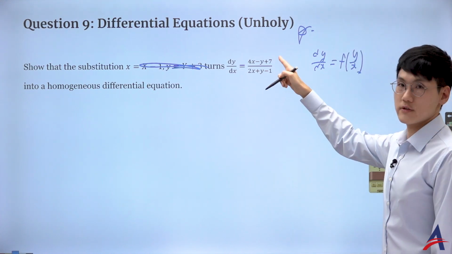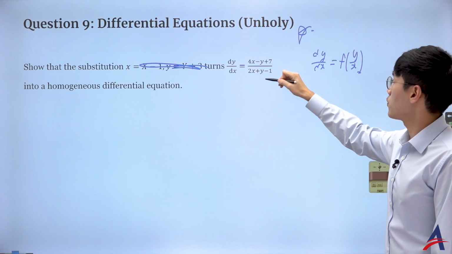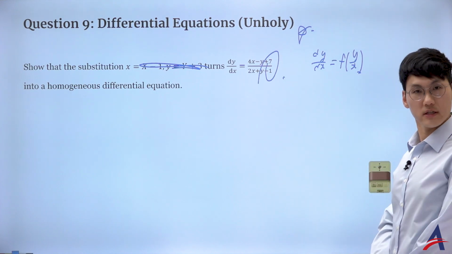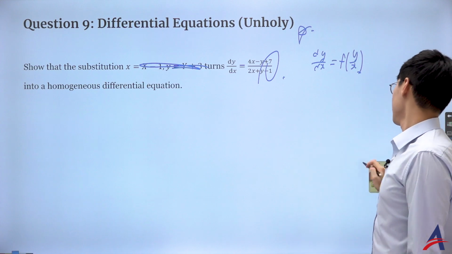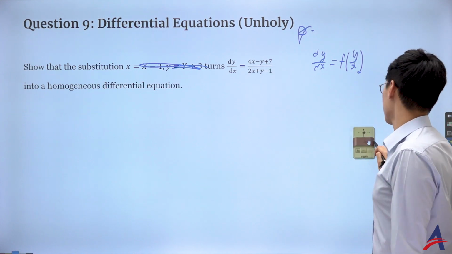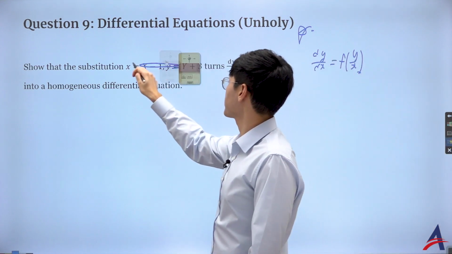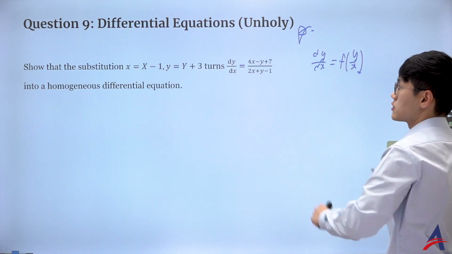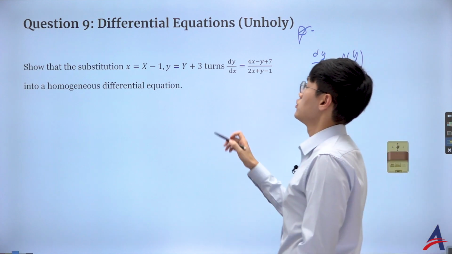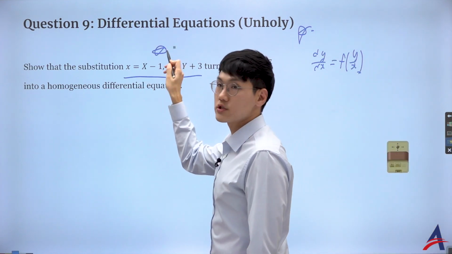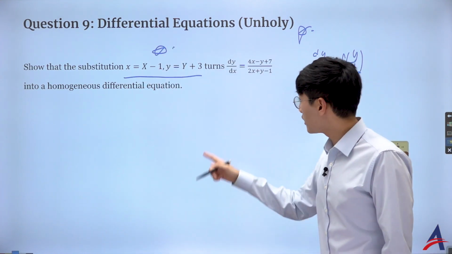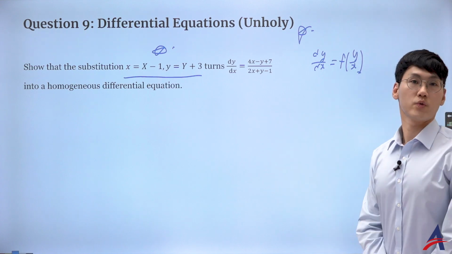Because even if I try to divide by x, I get the unwelcome guest of the constant. I will end up having a 7 over x or 1 over x, and maybe I don't want that. Instead, what I want to do is to use the given hints to get rid of the constant. So they are trying to solve the simultaneous equation.